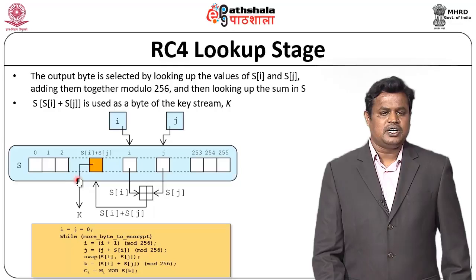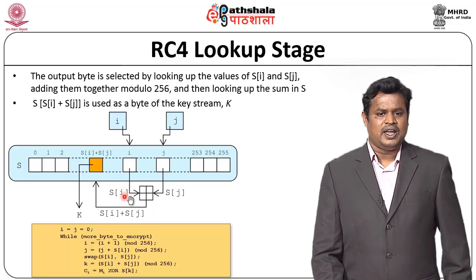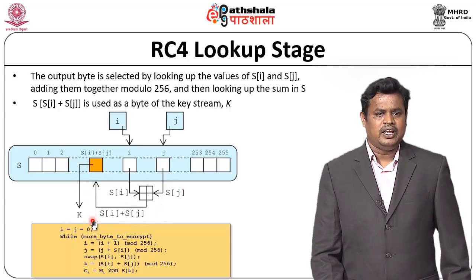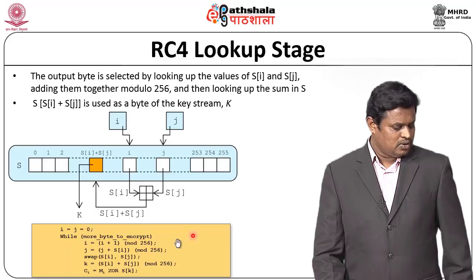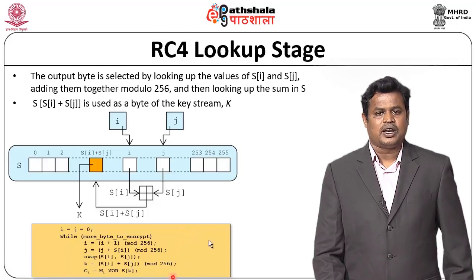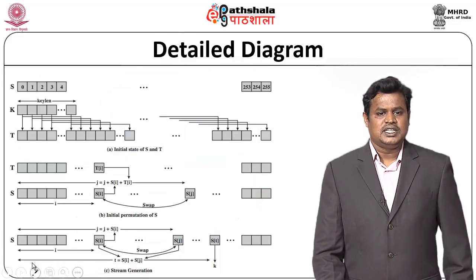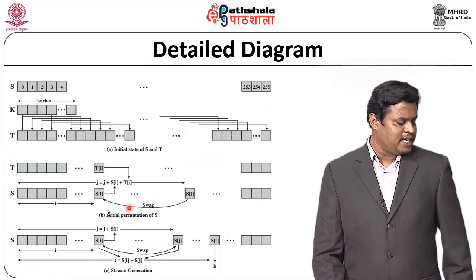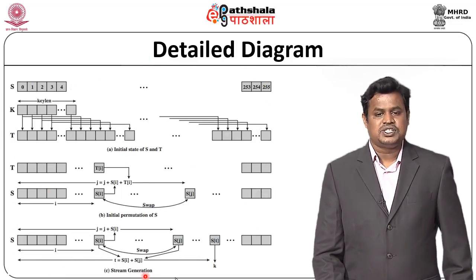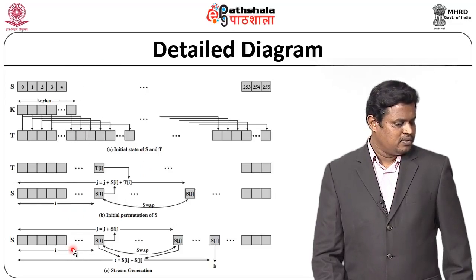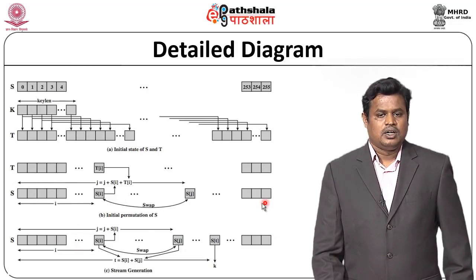From this internal state I know S of I and S of J, and combining these two, I get the K. This K is used for encryption. This is the detailed diagram explaining how the stream is generated at each and every step with respect to your KSA and pseudo random generator.